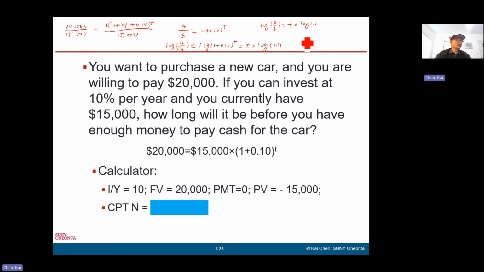Then on the left-hand side, that is log 4/3 divided by log 1.1, and on the right-hand side, that is t. So finally, t equals log 4/3 divided by log 1.1. Now after we get this, it is easy for us to use a calculator to get the value of t.